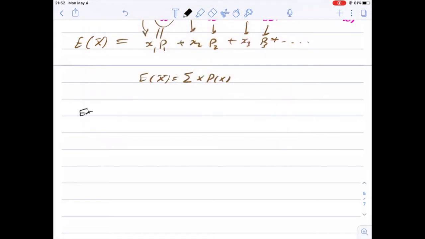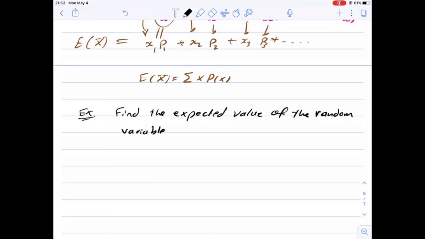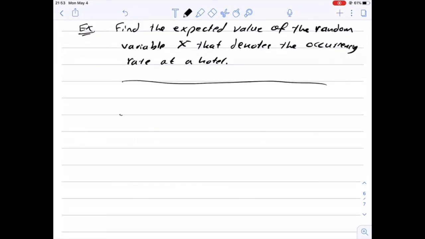Let's take an example. If we want to find the expected value of the random variable x that denotes the occurrence rate at a hotel, we have the following table.